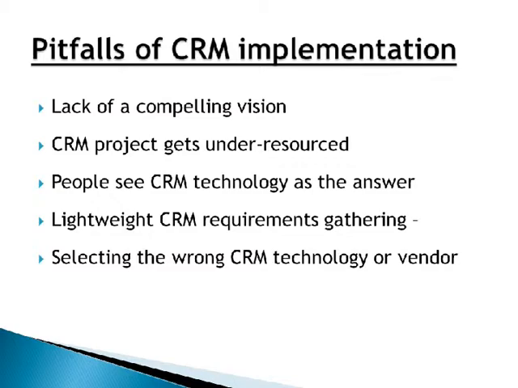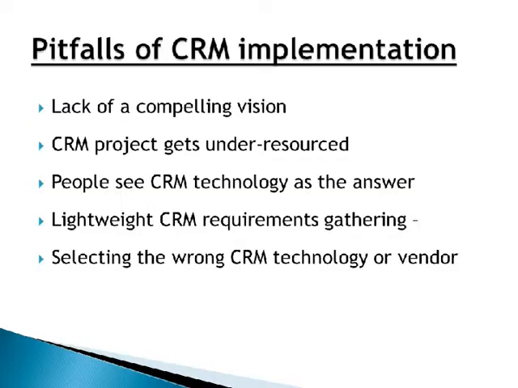Lightweight CRM requirements gathering. A lot of times, requirements documentation takes the form of a brief bullet point list of high level requirements rather than a well considered, detailed description of objectives, supporting processes, and associated functionality.